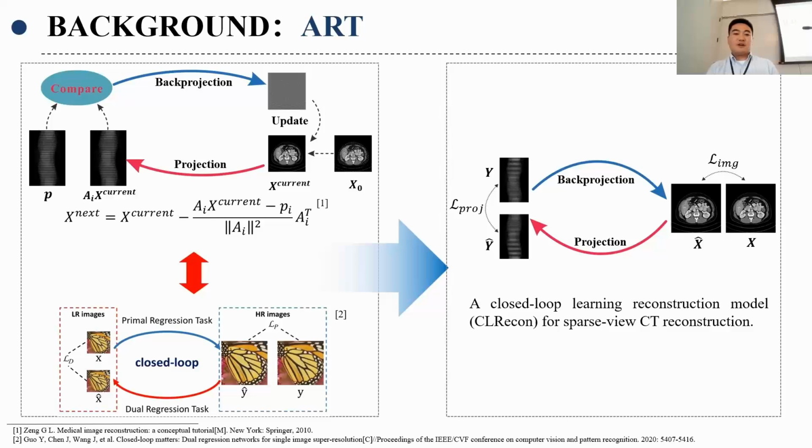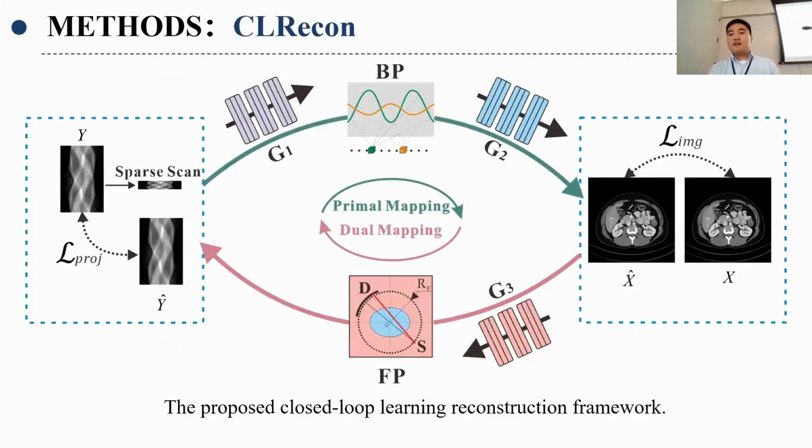It is called CR Recon. This slide shows the overall framework of CR Recon. It contains two mappings. One mapping learns the transformation from projection to image, and the other mapping learns the transformation from image back to projection.